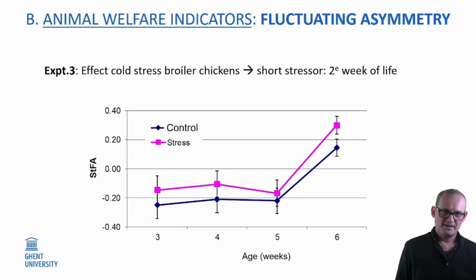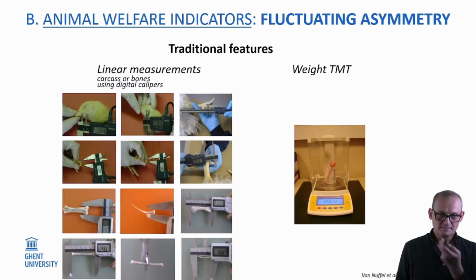And what we found very interesting is that even when the animals were ready to be slaughtered, when they were 6 weeks old, the difference still was visible. So a stressor early in life, occurring at week 2, was not compensated during its further growth and was still visible at slaughter. This could indicate that measuring fluctuating asymmetry at slaughter could give information about the welfare during the entire growing phase of the animal.